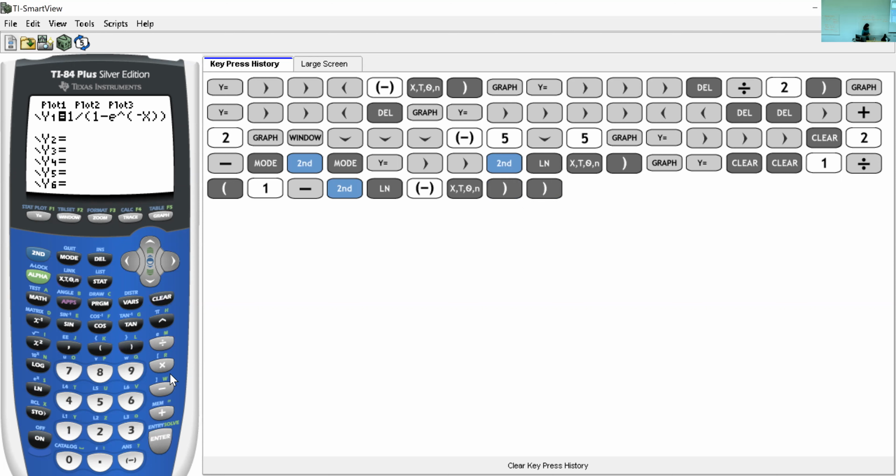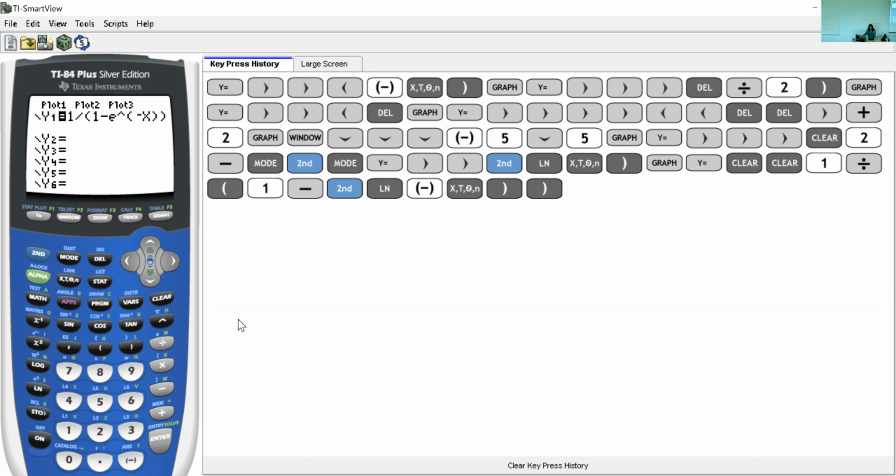Is there a value of x which will break that function? What is that value of x? X is equal to 0. When x is equal to 0, we know e raised negative x is 1, which would give me 1 divided by 1 minus 1, which is 1 divided by 0.